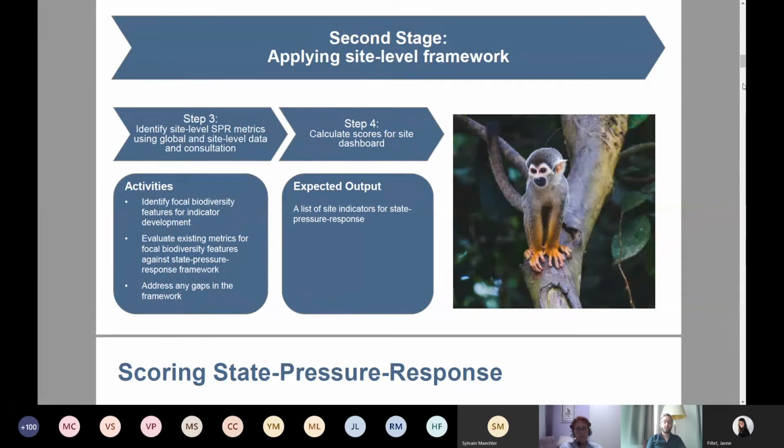And as part of that, we also look to identify where there may be any potential gaps in the data that's available to most accurately understand the company's impacts at that site. And at the end of this second stage, we look to produce a site level dashboard, which displays all this information in an easily interpretable way that can be used to guide decisions at the site level. If you move to the next slide.